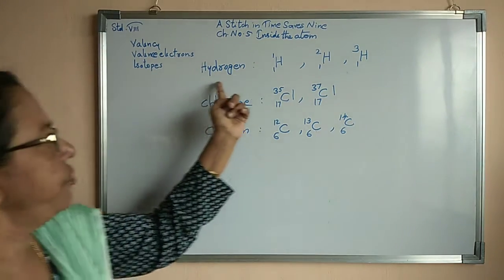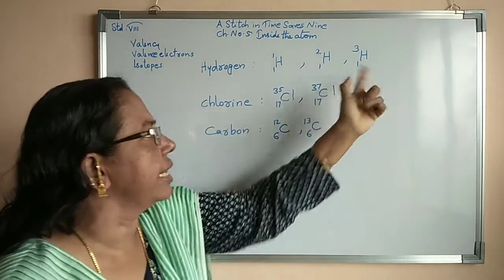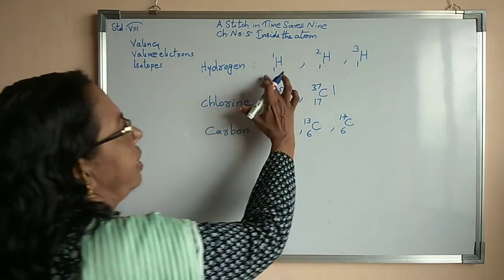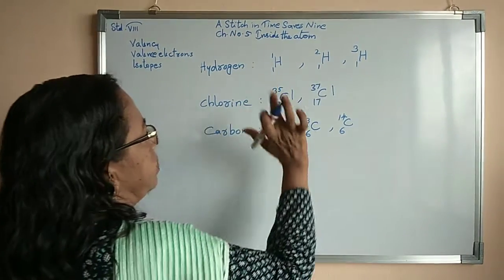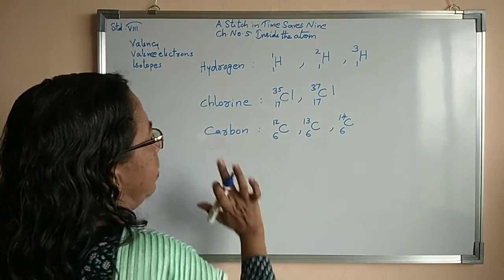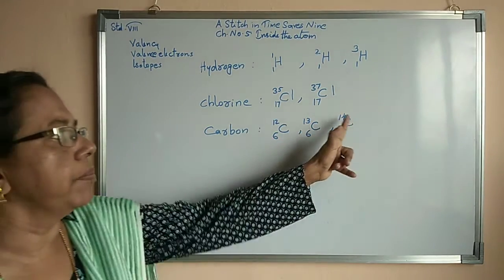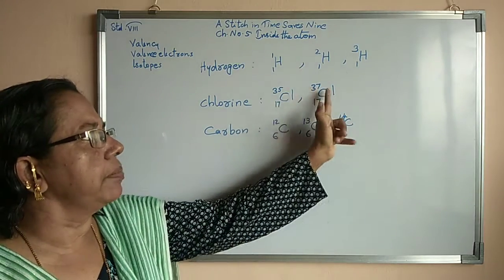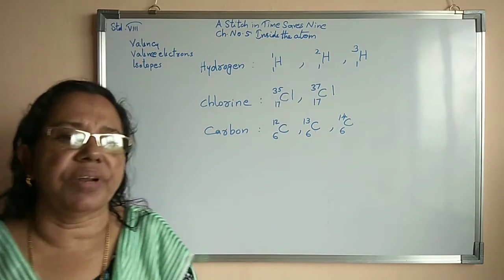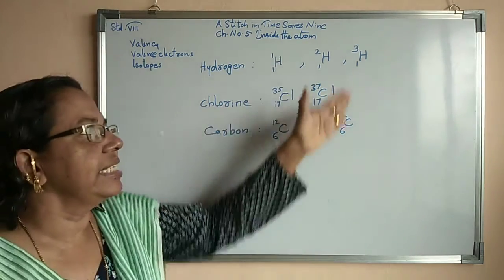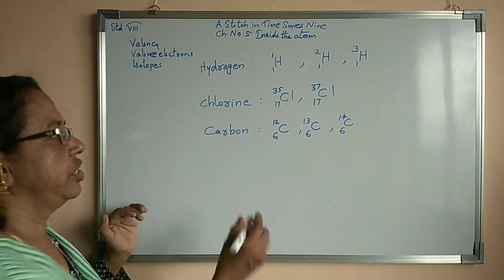So if we study this hydrogen, you can find that the atomic number is the same, but their mass number is different. So we call them isotopes.